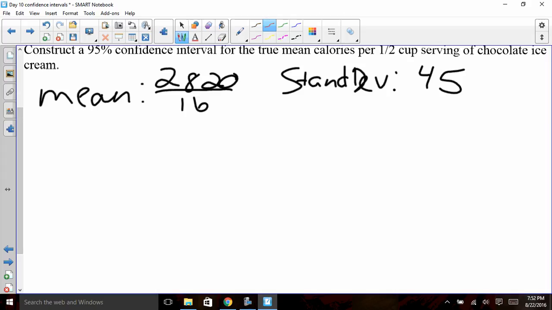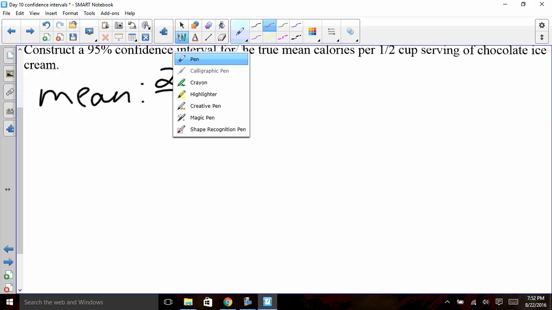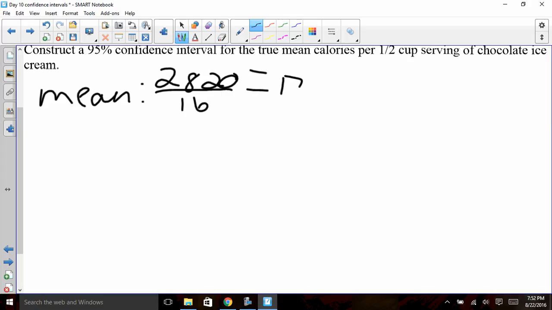So to find our lower one, I never answered that. Back up. Let's try that again. So 176.25. My apologies, guys.